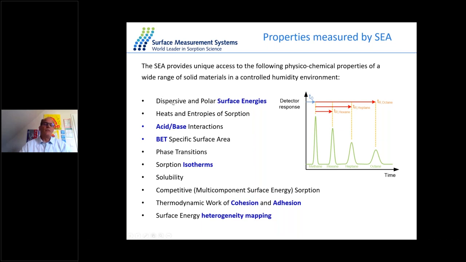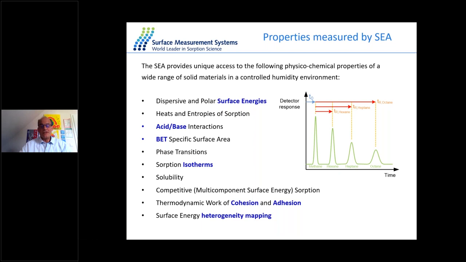And what can you do with that? You can measure the non-polar dispersive or polar surface energy, the heat of absorption. You can see something about the acid-base interaction and the acid-base ratio on your surface. You can measure, especially for low surface areas, the BET surface area. You can measure some phase transitions, so the GC is very sensitive to changes on the surface of your sample.